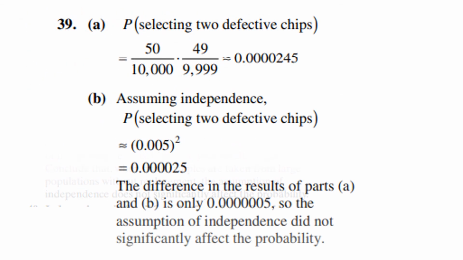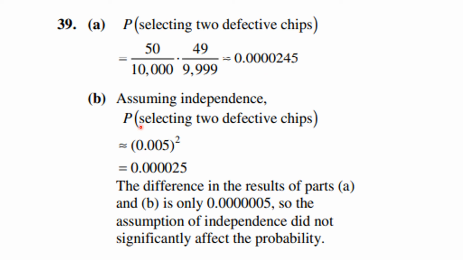Okay, so this is actually using the fact that these are dependent events. It matters what happens selecting two defective chips. So there's 50 chances out of 10,000 to get one here, and if you did that and you went to the second one, there would be 49 out of this many. If you do the arithmetic, you get this.